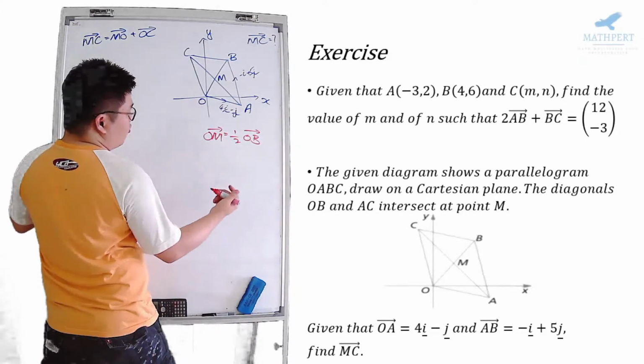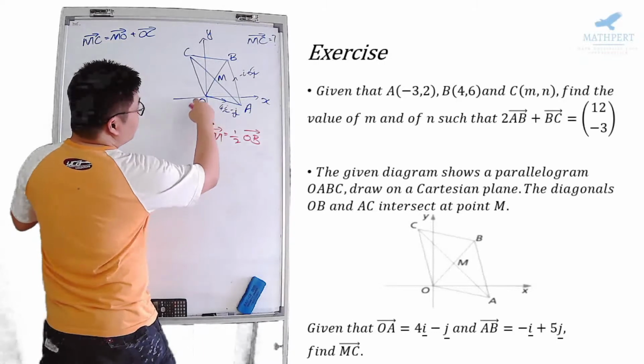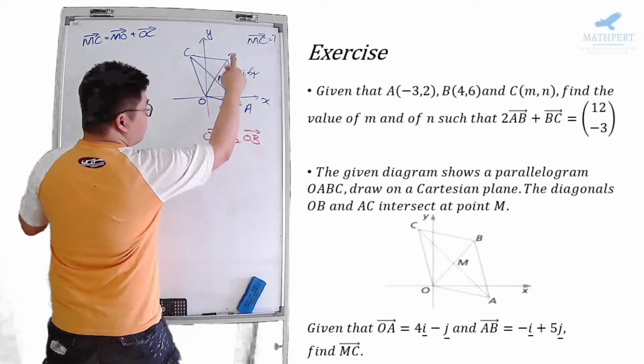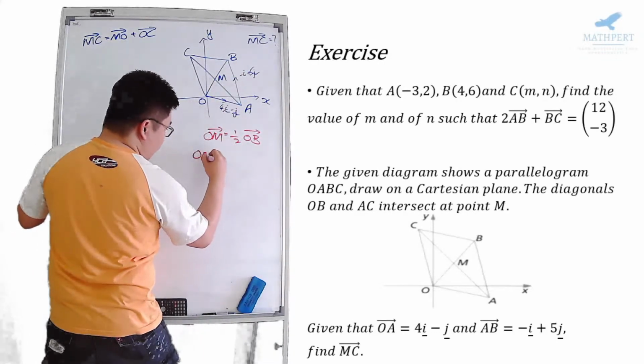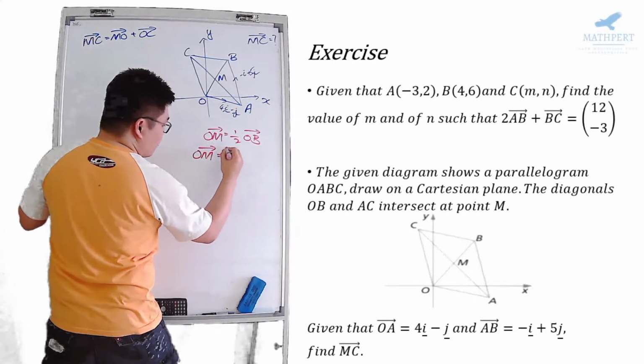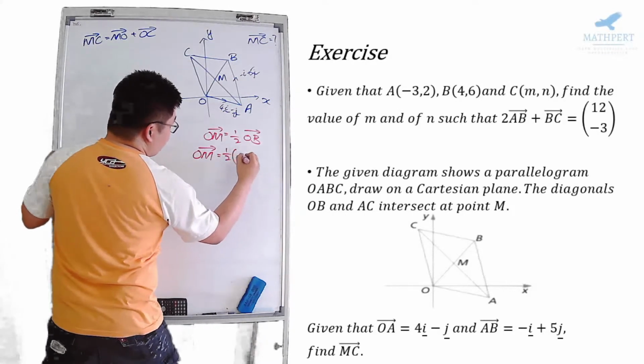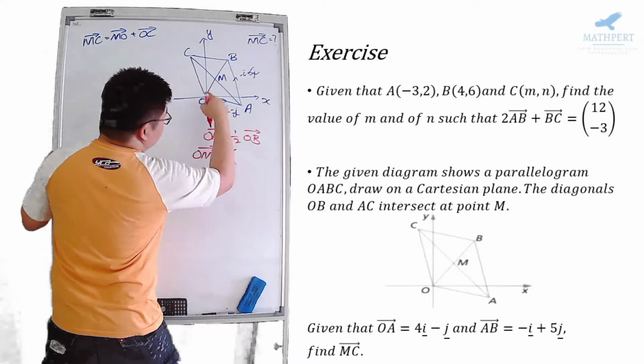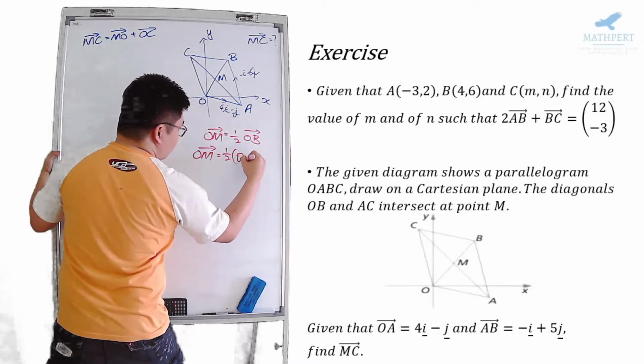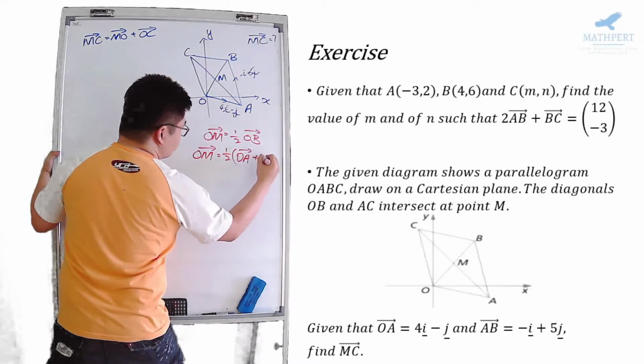Alright, so what is OB? OB is OA plus AB. So I can say OM is equal to half OA plus AB.